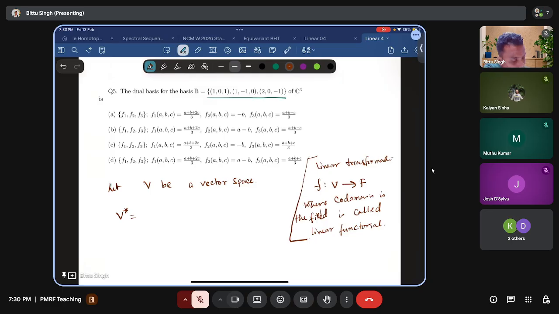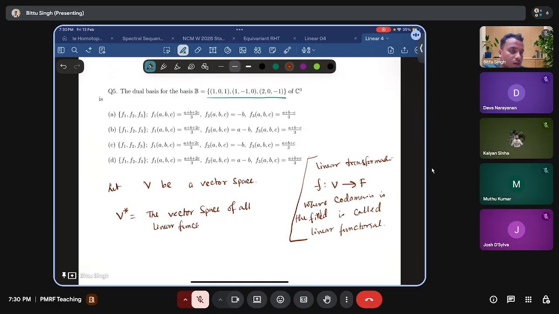Okay. So the vector space of all linear functionals F from V to C, or V to R. In this case it is C because V is a complex vector space.